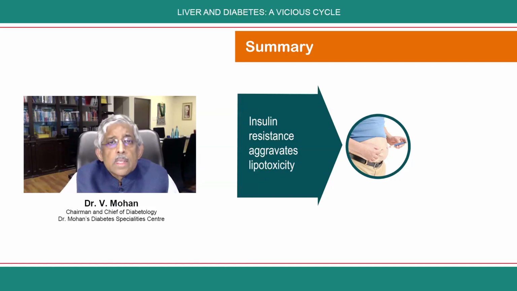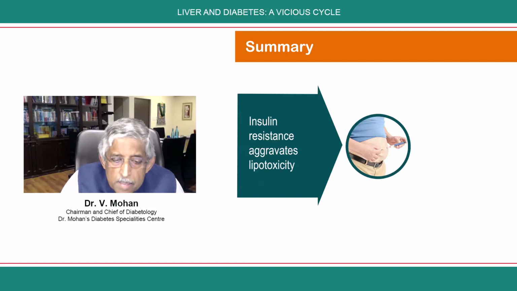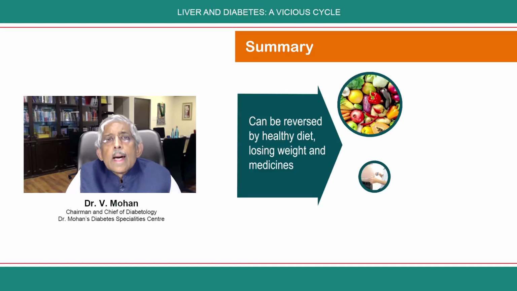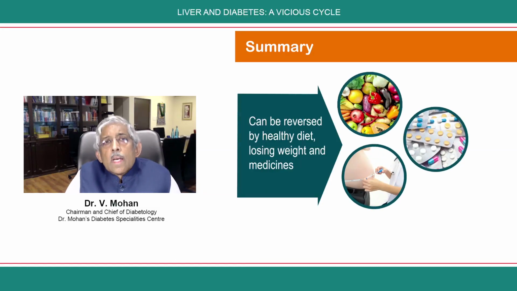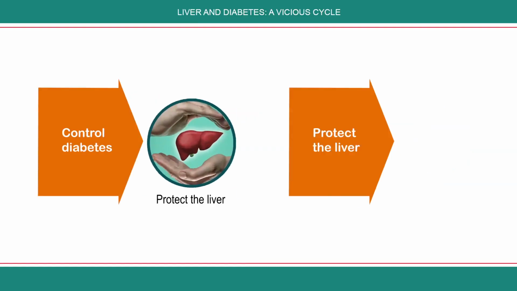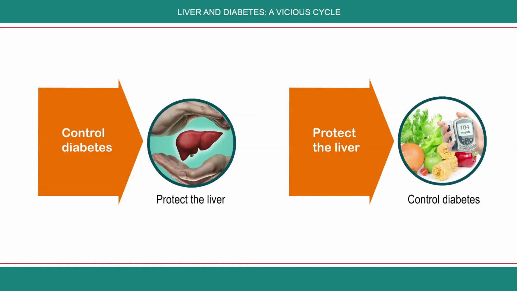Insulin resistance can produce diabetes, and all these are eminently reversible by lifestyle changes, a healthy diet, losing weight, by doing enough exercise, controlling your diabetes well. And today we also have medicines. So my message to you is control diabetes and protect the liver and control diabetes, as both are eminently amenable to treatment. Thank you.